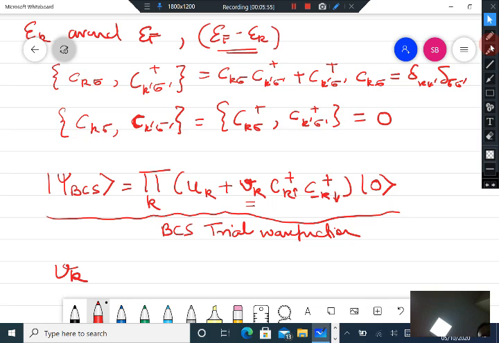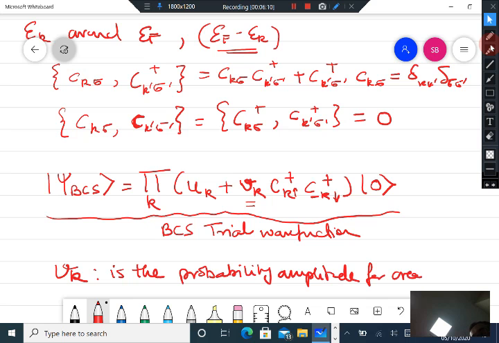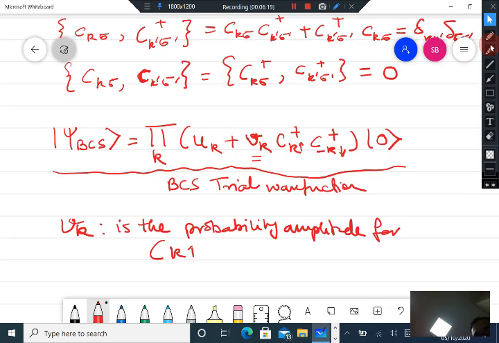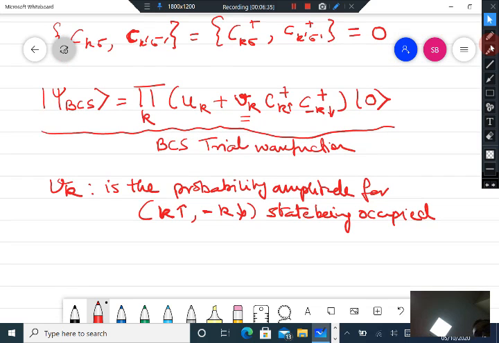This vk is the probability amplitude for the k spin up, minus k spin down state being occupied, and that is related to Ck dagger C minus k dagger, because it is creating this state.